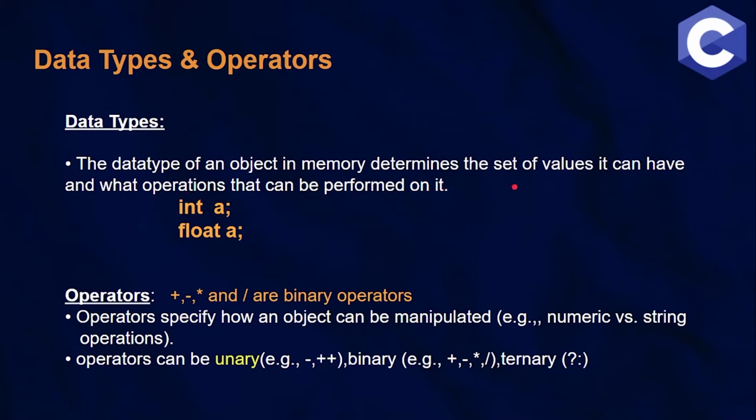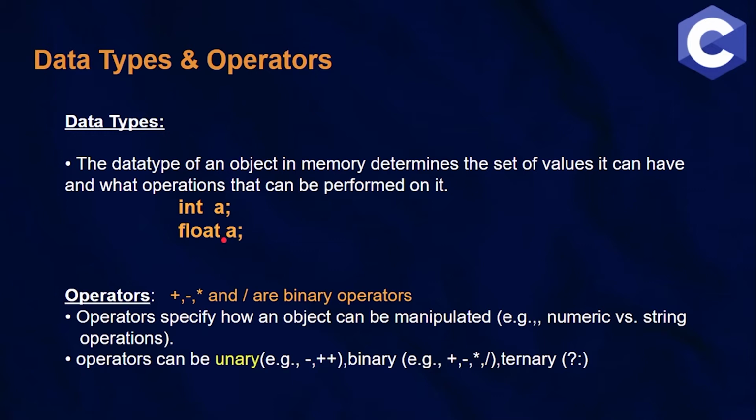So the set of values for integer is limited, float is somewhat better, and for double it is more. Suppose I take the value of a as some 62 billion or something like that, a very large number. Then it cannot handle it, because a is declared as int, and int can support only some set of values.